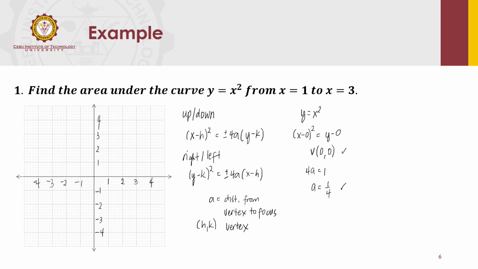And let's now plot the vertex, which is at the origin, 0, 0. And the distance from the vertex to focus is 1/4. So for a parabola opening upward, the focus is above the vertex.